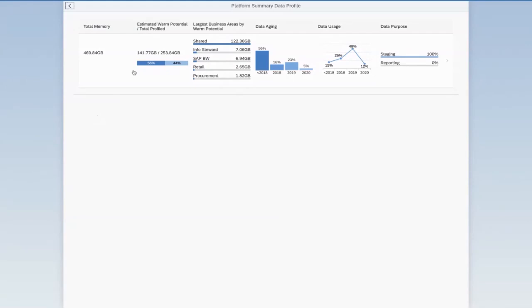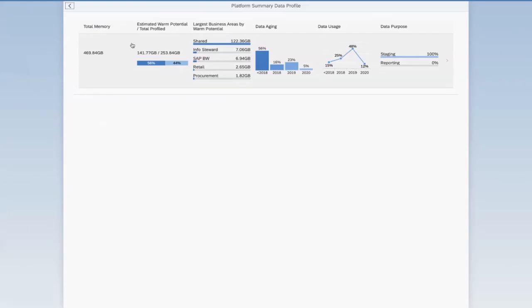The second part is where we really look into the estimated warm potential and the total profile. These are two separate measures for the basic reason, starting with the total profile, that not all data will sit in memory. So we look at your data, see what you have, and profile what we can.